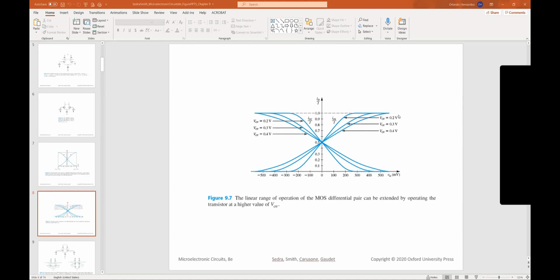Again, very small, but still, this voltage is the differential input voltage. You can see the linear region for each case. And what this shows is that the higher your overdrive voltage, you extend the dynamic input range of your input and also that linear operation.